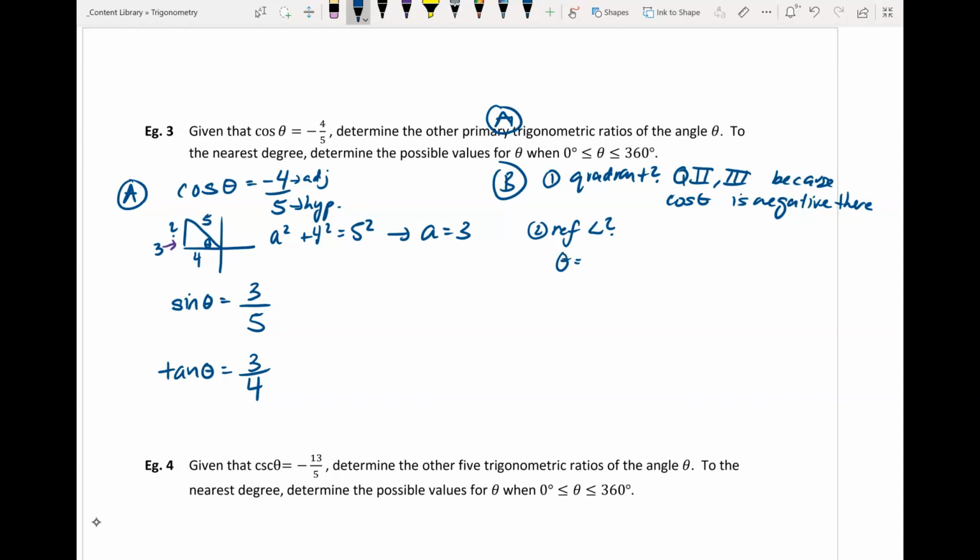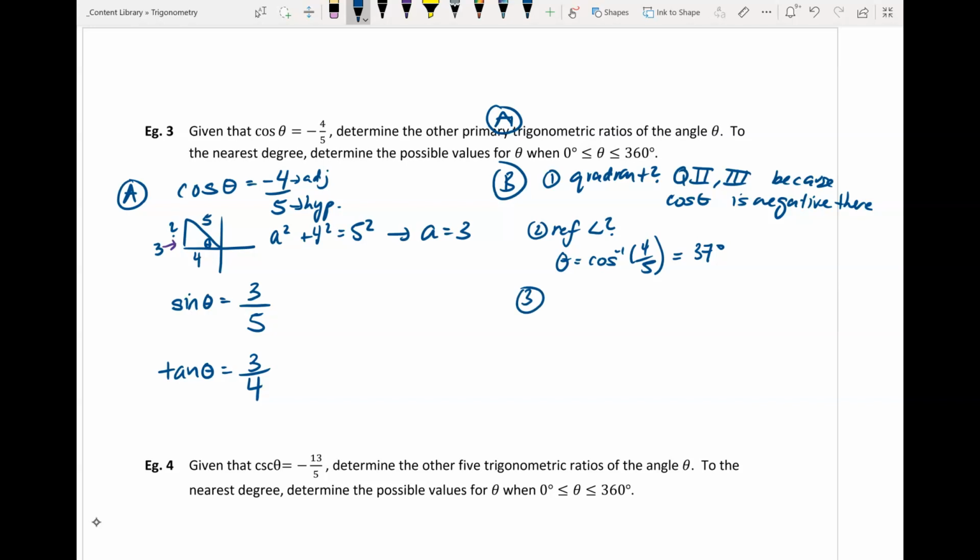And I would take inverse cos of both sides. So I'm taking cos inverse of 4/5. Again, remember, do not include the negative because we already considered the negative in part 1, which is when we determined which quadrant it's in. So once I put this into the calculator, I'm going to get about 37 degrees, rounded to the nearest degree.